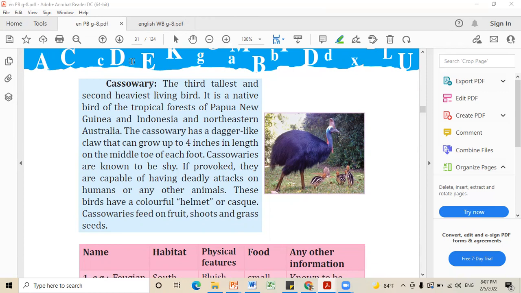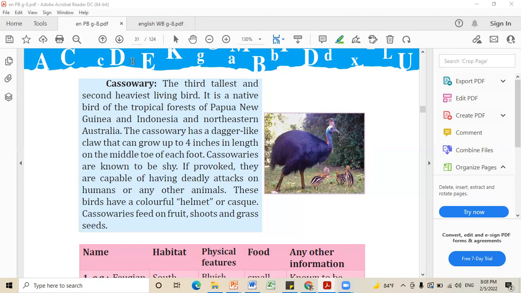Cassowary, the third tallest and second heaviest living bird. It is a native bird of the tropical forest of Papua New Guinea and Indonesia and northern Australia. The cassowary has a dagger-like claw that can grow up to 4 inches in length on the middle toe of each foot.